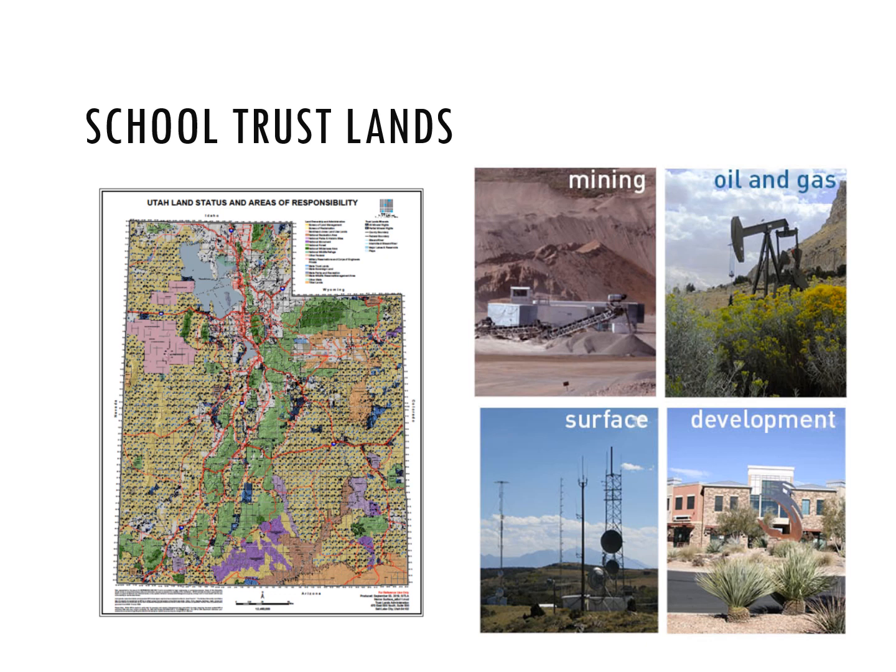These lands are 4 1-square-mile sections in 36 square mile township and make money by mining, oil and gas extraction, surface development including agricultural leases, solar leases, and telecommunications, and residential, retail, and commercial development.